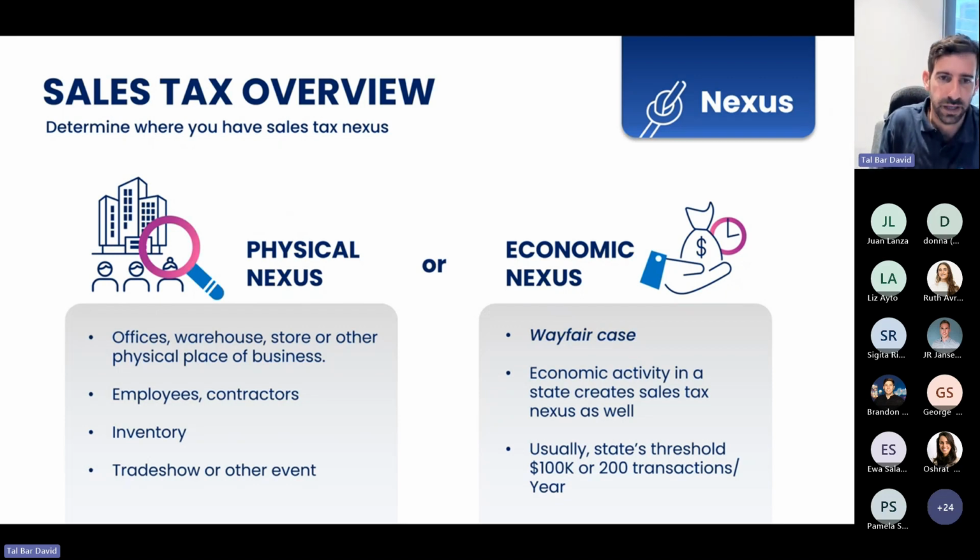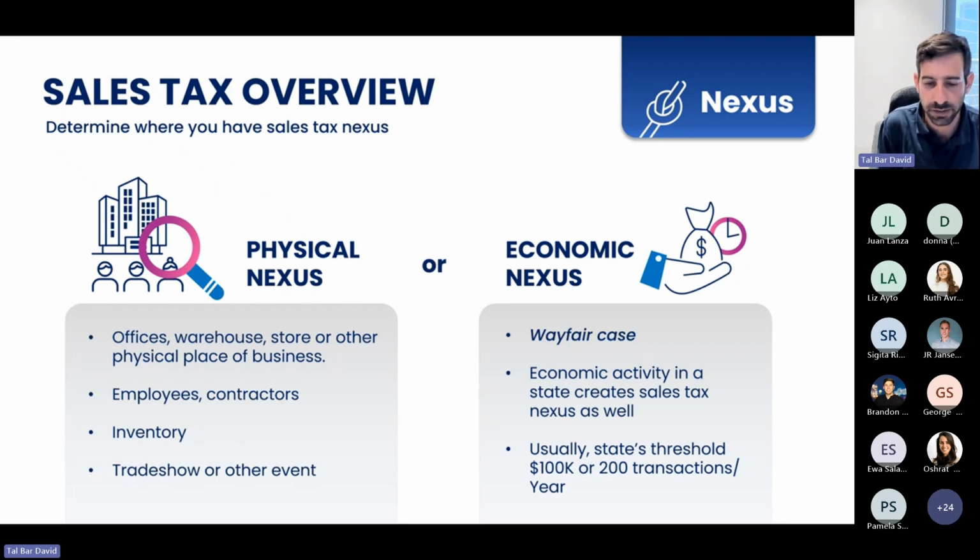It's called the Wayfair case. And the Wayfair ruling was, I think, at the end of 2018, but it took some time for the states to adopt the concept. And last year, all the states adopted the concept of economic nexus.